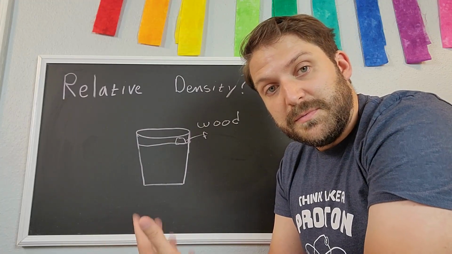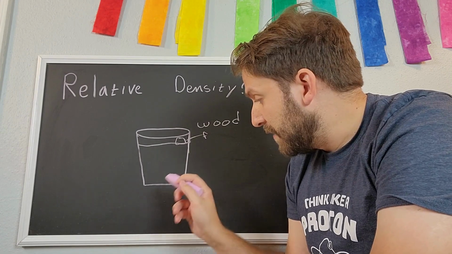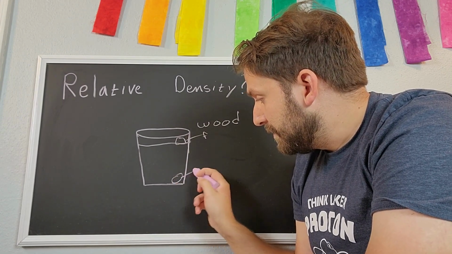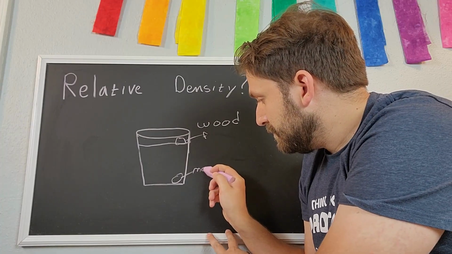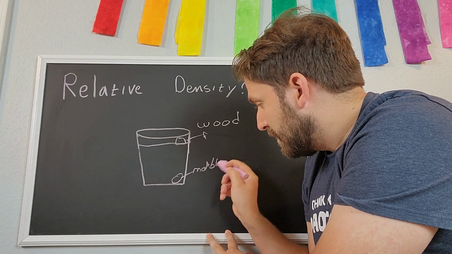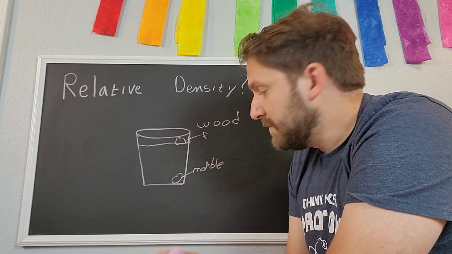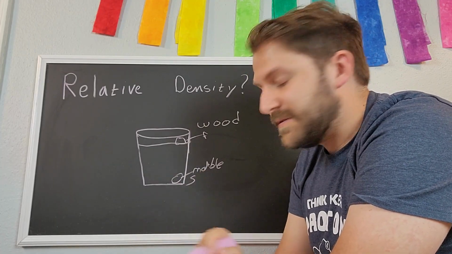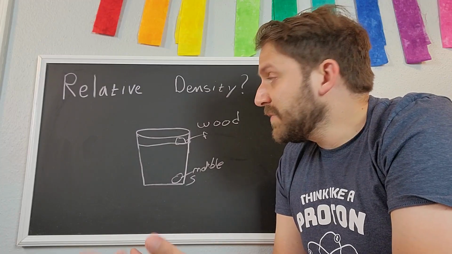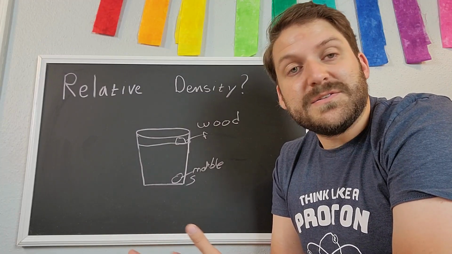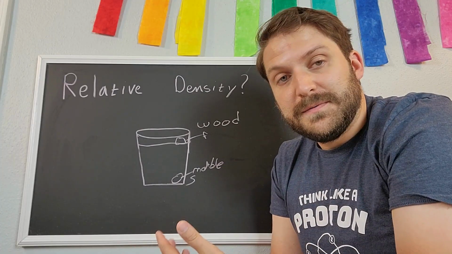Well, you throw that glass marble into the water and it sinks right down to the bottom all the way. Marbles sink. I'll give that a little S there for sinks. And that's really all relative density is: does it float on water or does it sink?